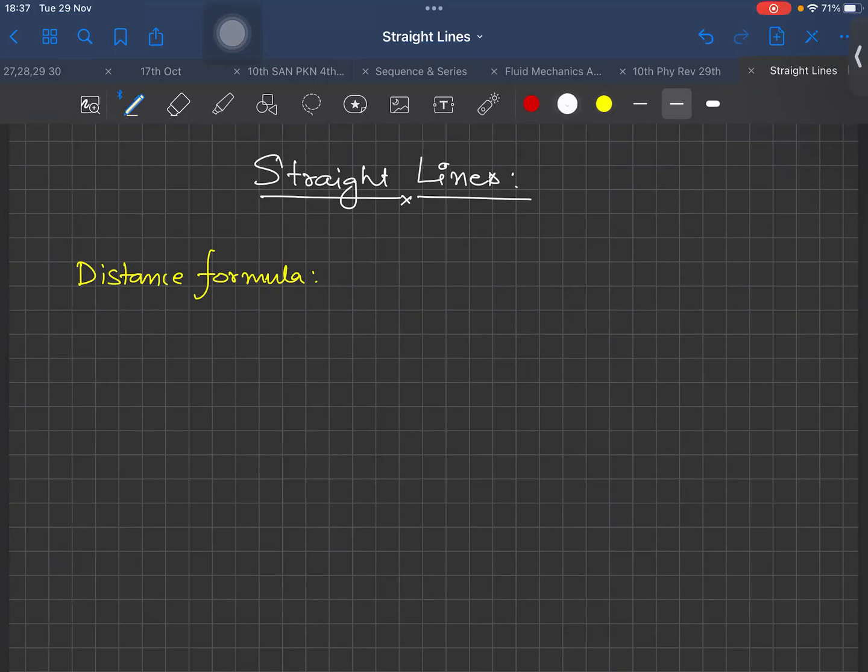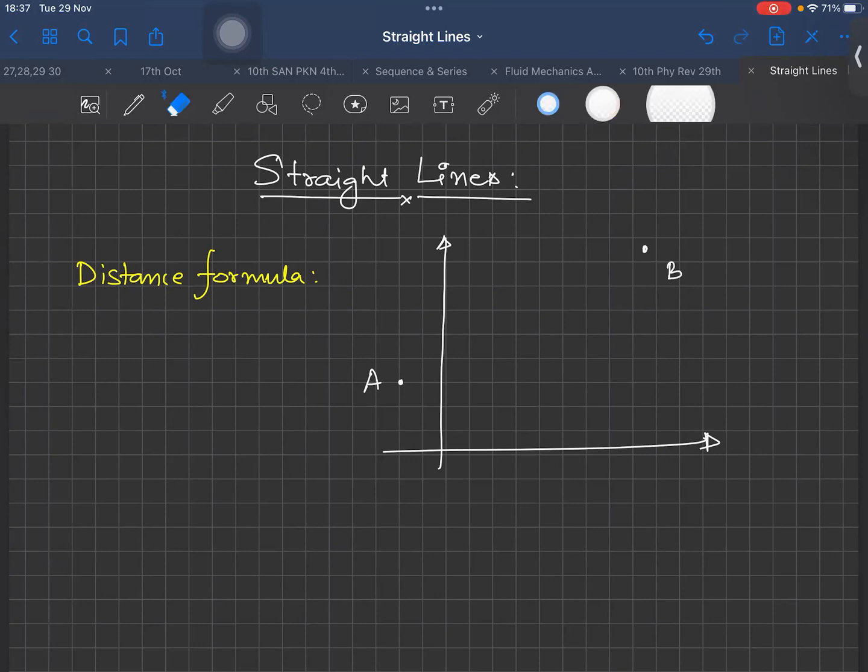Okay. So that means suppose you are given a coordinate system, coordinates of 2 points. Let's say this is point A and some point B. How do you measure the distance between these 2 points? Let's say the coordinate of point A is x1, y1, and this is x2, y2.